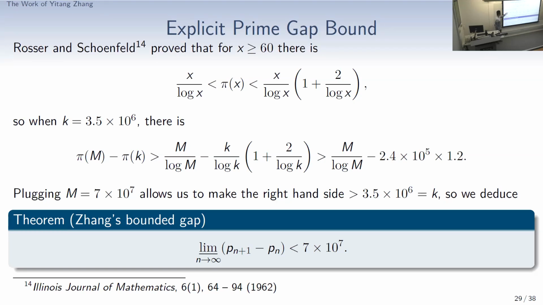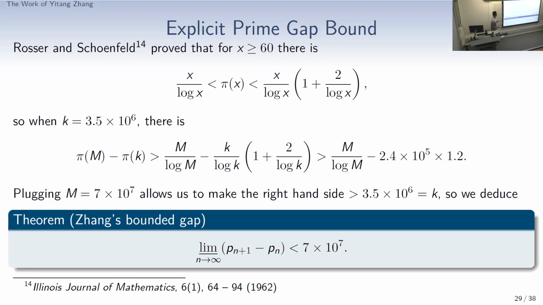And when k is 3.5 times 10 to the 6th power, we need to find a tuple so that we can find k prime numbers greater than this k to form an admissible tuple. We want to know the distance between h1, h2, and up to hk, and the distance between h1 and hk will be the upper bound for the prime gaps.